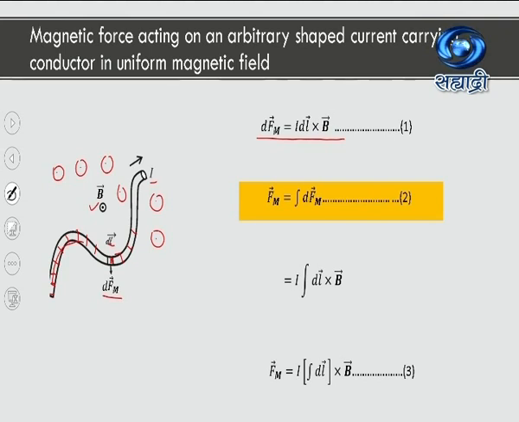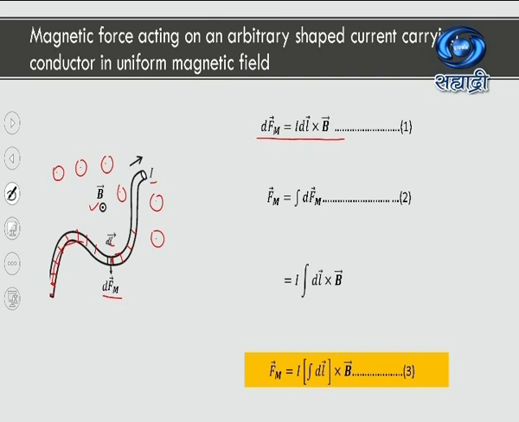This can be done by integration. So Fm is equal to the integration of dFm vector, equation number 2. Substituting dFm from equation 1, I have Fm equal to I integration dl cross B. Therefore, Fm is equal to I in bracket integration dl cross B.